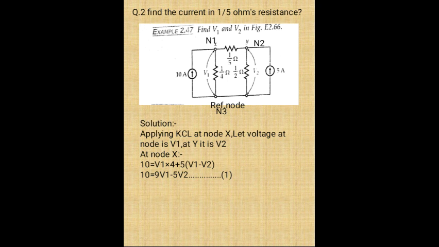In step 4, we write KCL at each node. At node 1, the KCL equation is 10 = 4V1 + 5(V1 - V2). Simplifying, 10 = 9V1 - 5V2, equation number 1.